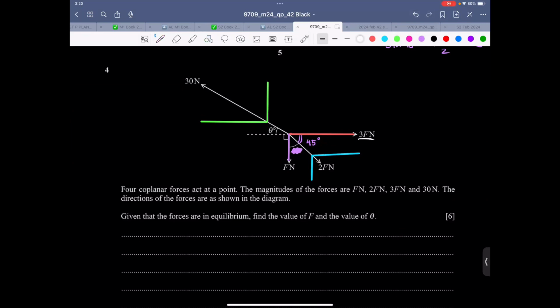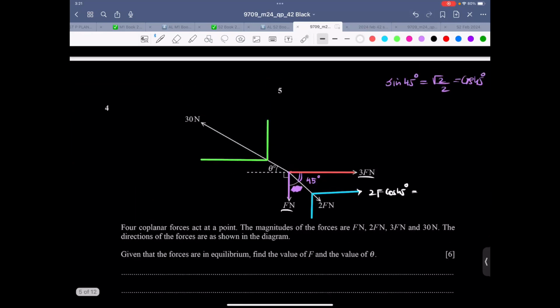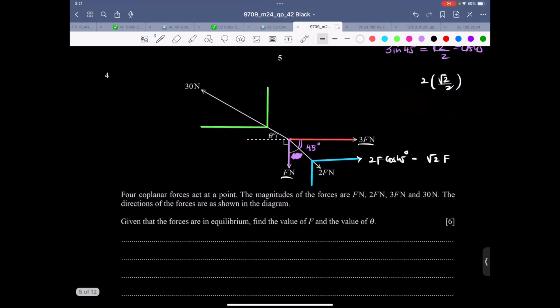3F remains as 3F, F remains as F, 2F is broken down. So this is 2F cosine of 45 degrees, which is 2 into root 2 over 2. What does that come out to be? That comes out to be root 2 F. And similarly, this one is 2F sine of 45 degrees.